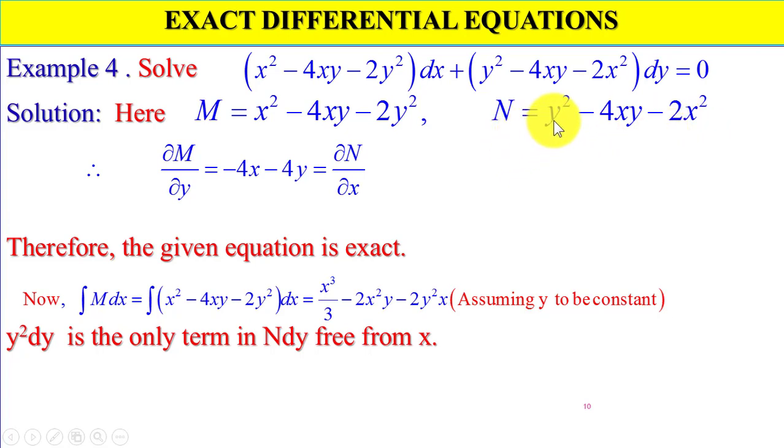So, y² dy is the only term in N dy which is free from x, and we will integrate this quantity y² dy with respect to y. So, the integration of N dy is equal to the integration of y² dy, free from x terms, which gives y³/3.